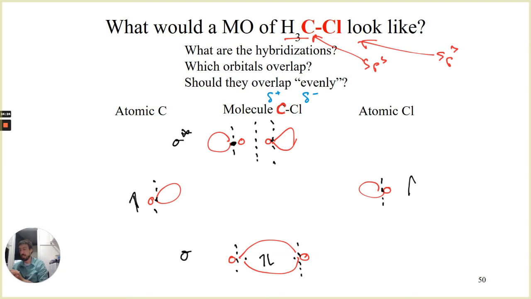So this molecule acts as an electron acceptor. For it to accept those electrons, it would have to go into an empty orbital. Where's the empty orbital? The antibonding orbital. Where's the majority of that orbital located? It's located on the backside of the carbon-chlorine bond.